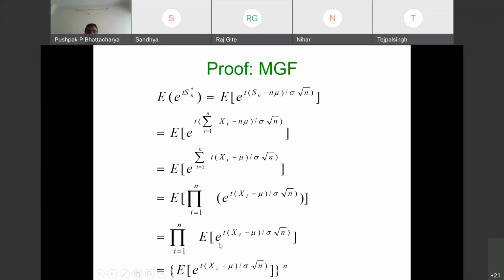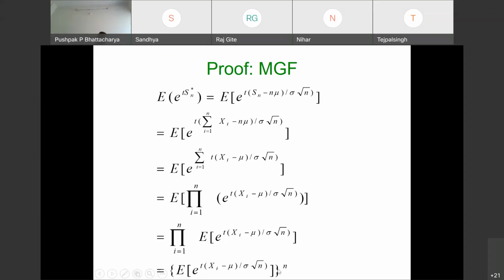So this means I can write this as the product over i equal to 1 to n of the expectation of e to the power t times xi minus mu divided by sigma root n. And now I can take any xi and raise the expectation of e to the power this quantity to the power n.